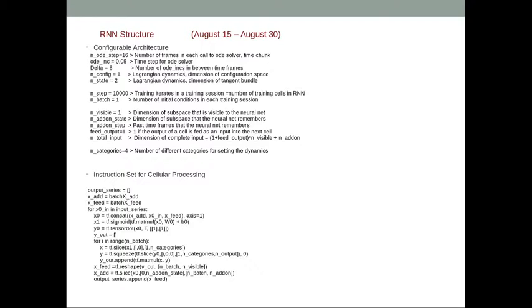Setting it to 1 means that the neural net will be accurate for that single trajectory, but it won't be able to make predictions for trajectories outside of that training set. Setting it to multiple initial conditions may or may not allow for accurate predictions of trajectories outside of the training set. We haven't looked at that yet.